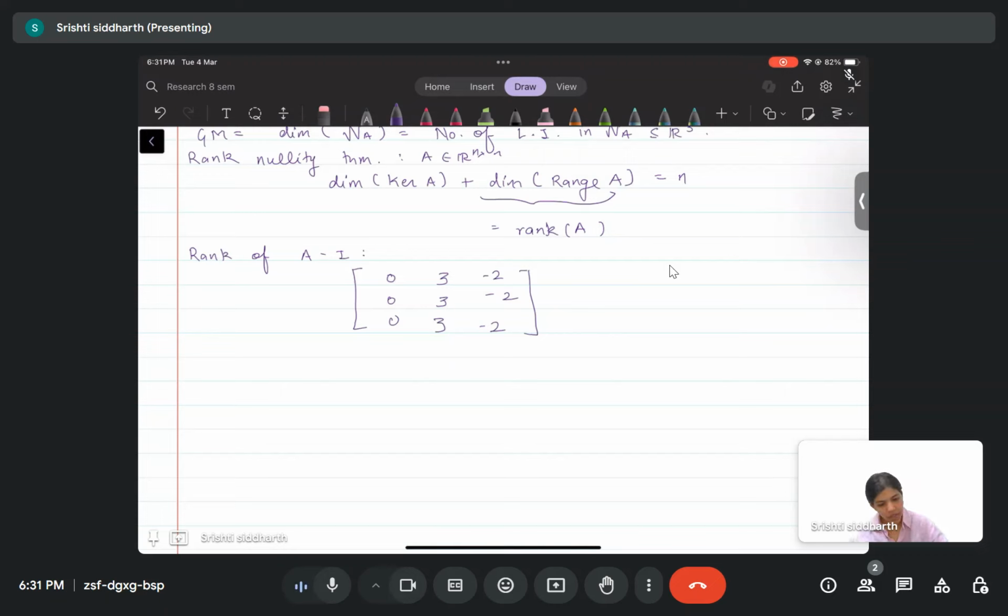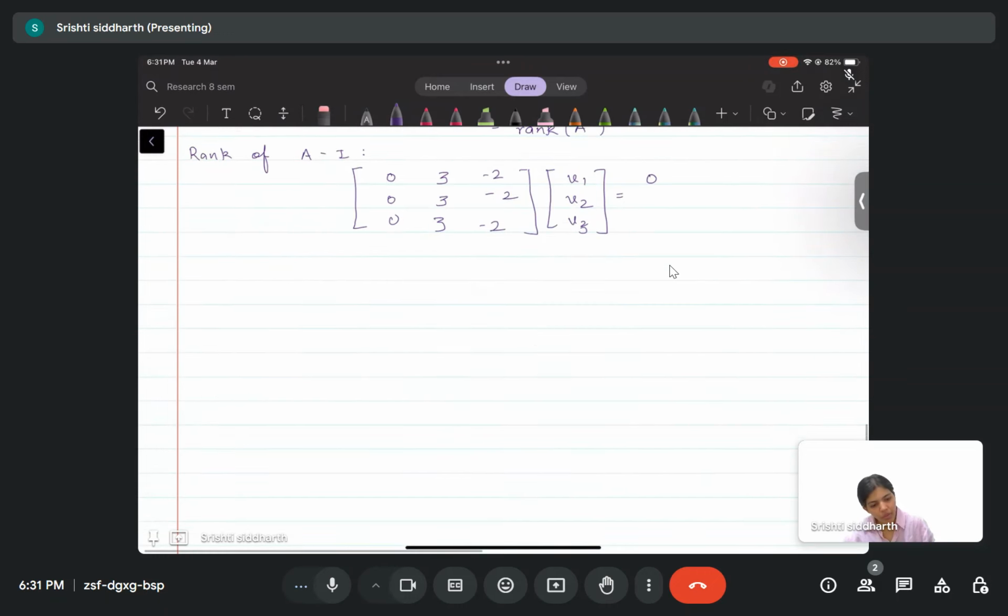Let's figure out the number of linearly independent eigenvectors in A. So this should be applied to some eigenvector v1, v2, v3 corresponding to lambda equals 1. The equation is 3v2 minus 2v3 equals 0, which implies v2 by 2 equals v3 by 3.